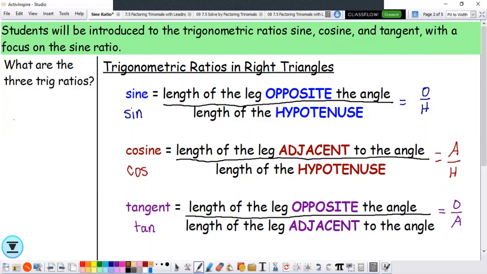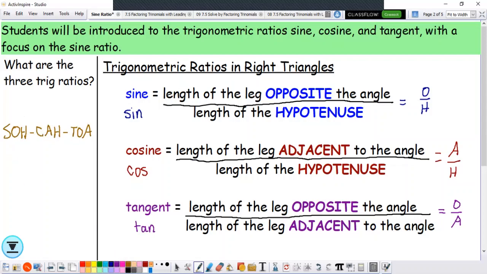Some people also use the phrase SOH CAH TOA to help remember the ratios. Sine is opposite over hypotenuse. Cosine, adjacent over hypotenuse. And tangent is opposite over adjacent.